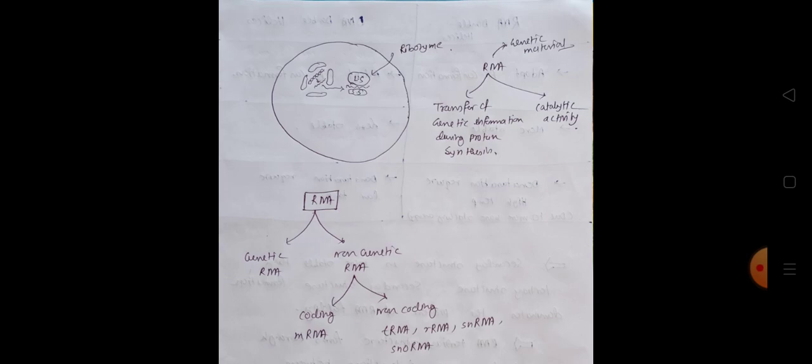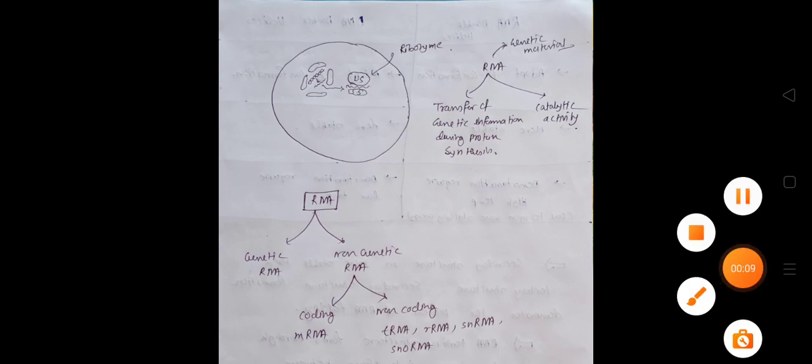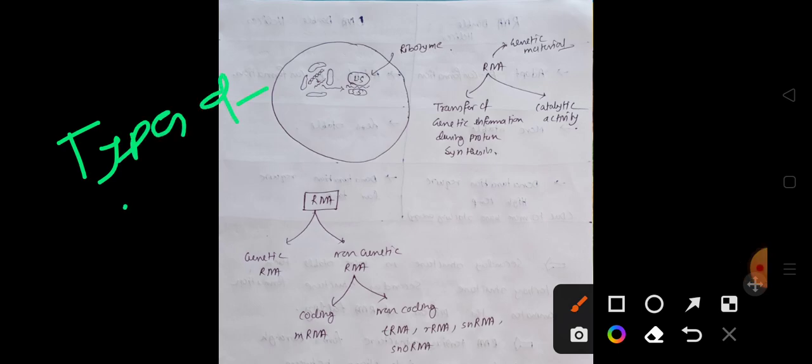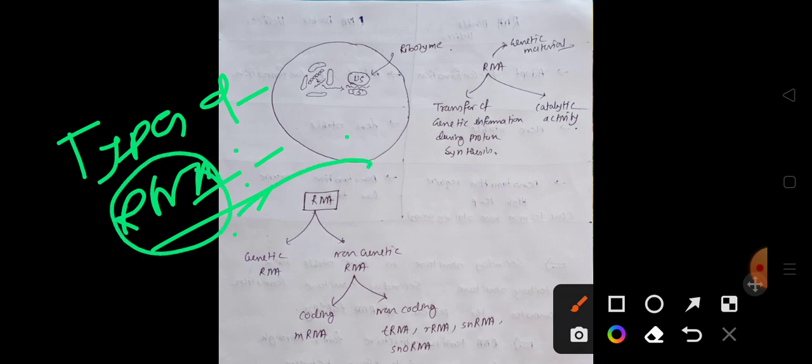So in this video tutorial, I am going to talk with you about RNA in details. Although here we will not talk about the types of RNAs in details, I will be focusing on the RNA from the point of view of biochemistry. That means here we will talk about the properties of the RNA molecule.